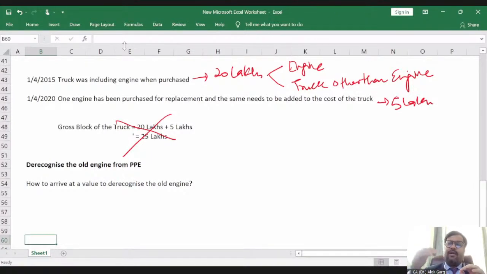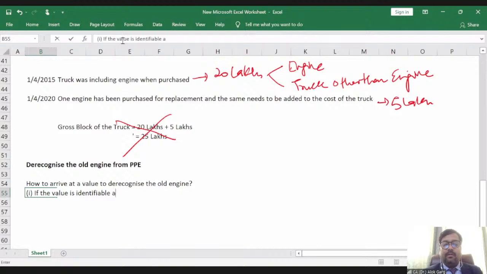You will not have a breakup of components while buying a vehicle. So the standard says that first of all, if the value is identifiable at the time of purchase, then use that value for de-recognition.